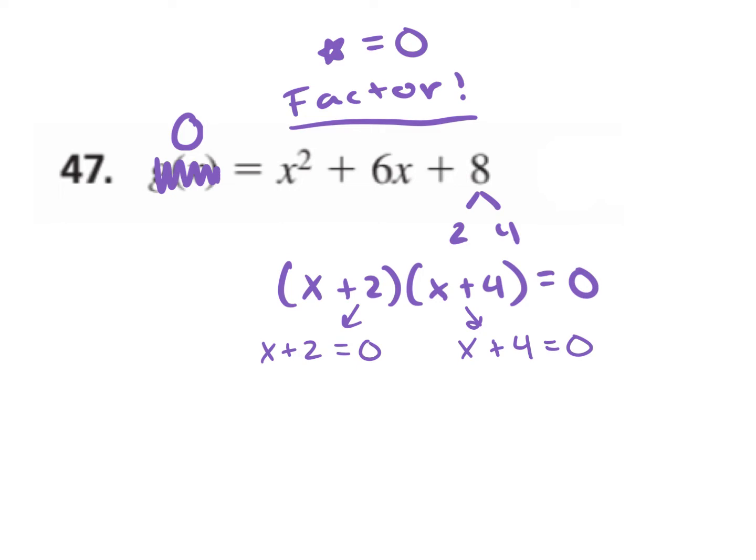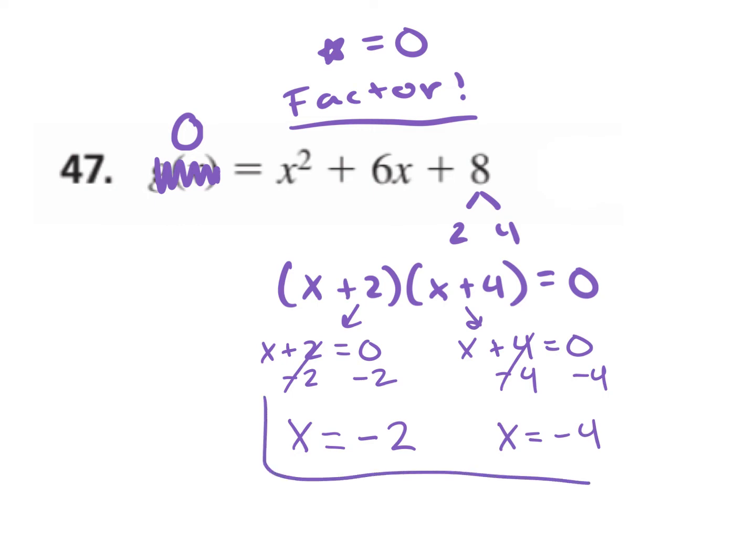In my first equation, x plus 2 is equal to 0, how would I solve that? I subtract 2, so what does x equal? Negative 2. And in the second one? Awesome. Subtract 4, so x is equal to negative 4. So those are my two answers.